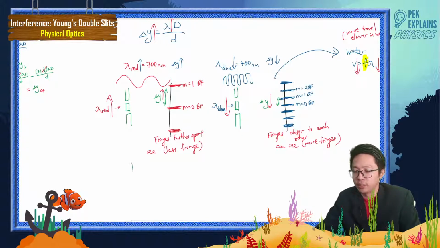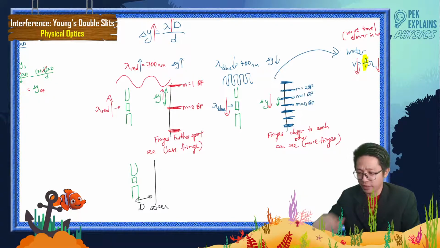I put the double slits very close, and this is the screen, and the D is very small, compared to when you put the screen very far away.